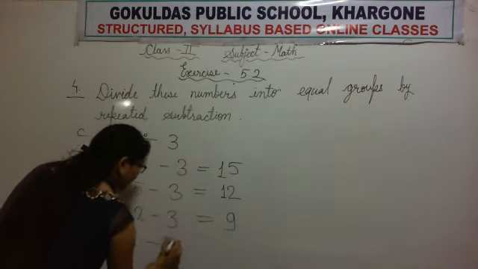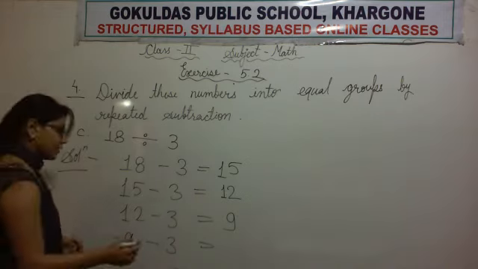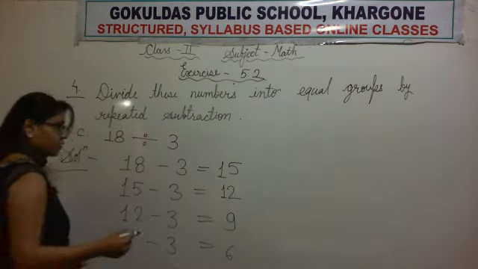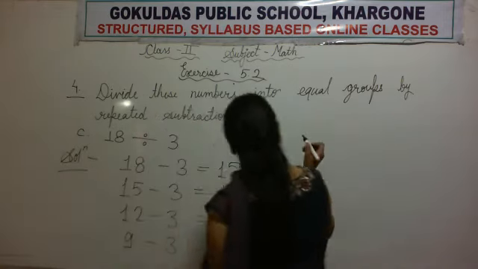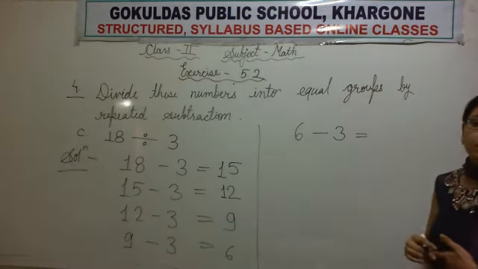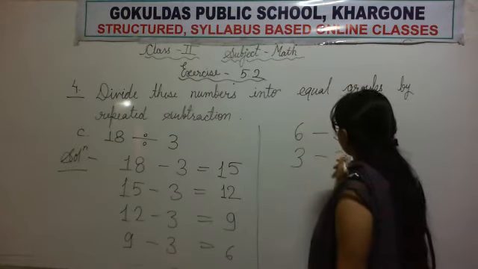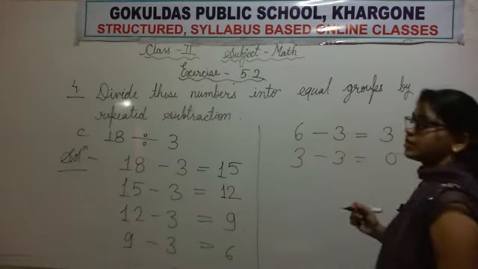Now 9 minus 3 is equals to 6. Now 6 minus 3 is equals to 3. And at last 3 minus 3 is equals to 0.